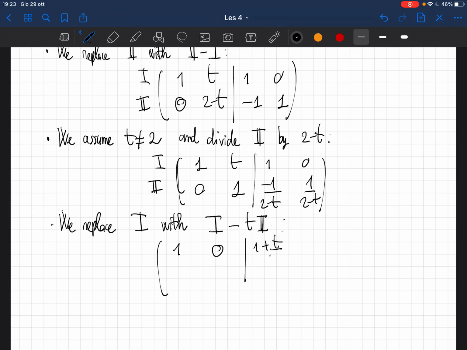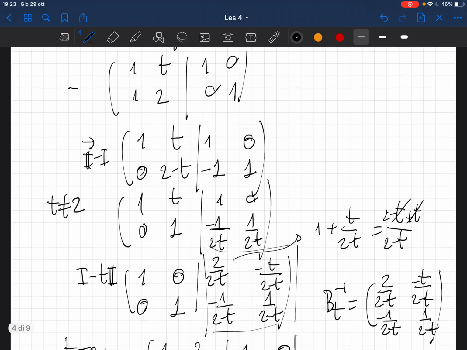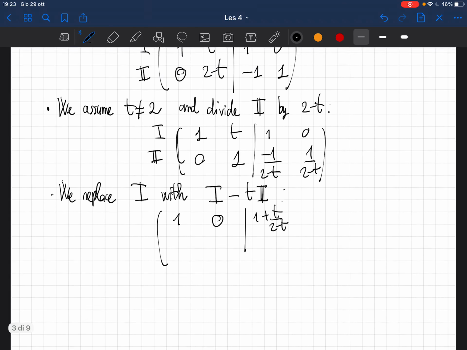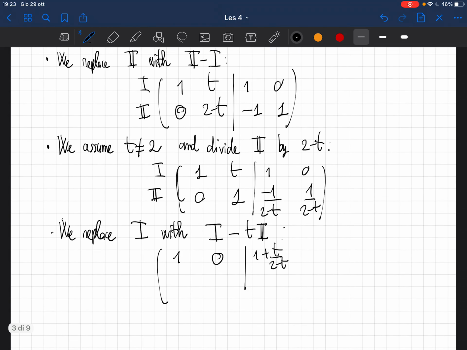Okay, here you get 1 plus t over this, fine, minus t over this, and this stays the same, minus 1.